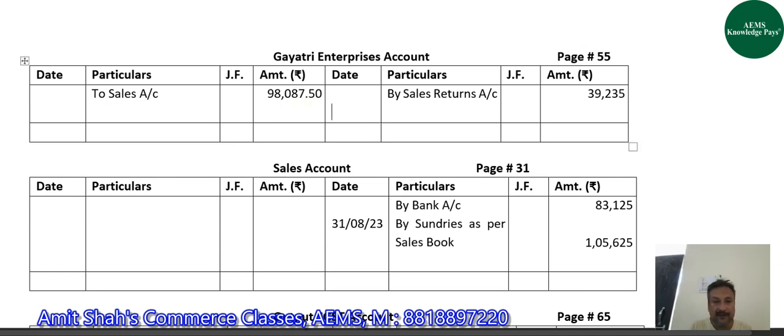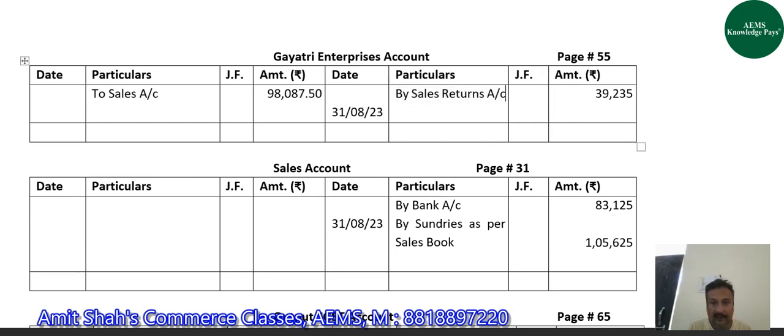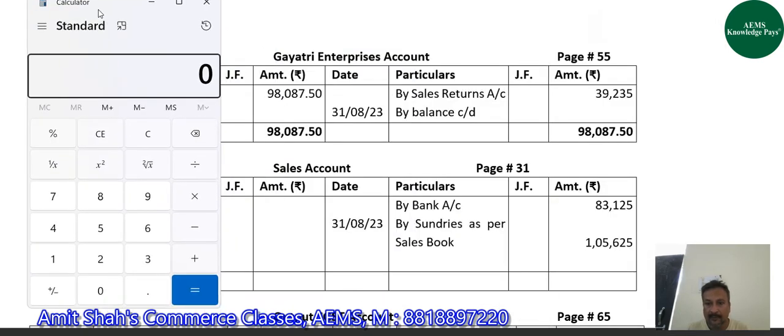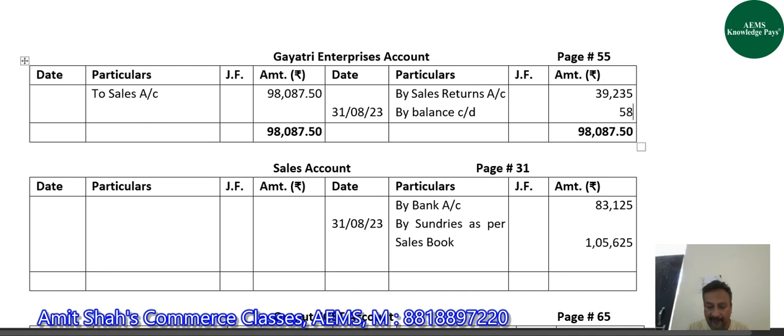This also will have a debit balance at the end of the month. So 98,087.5 minus 39,235 is 58,852.5.